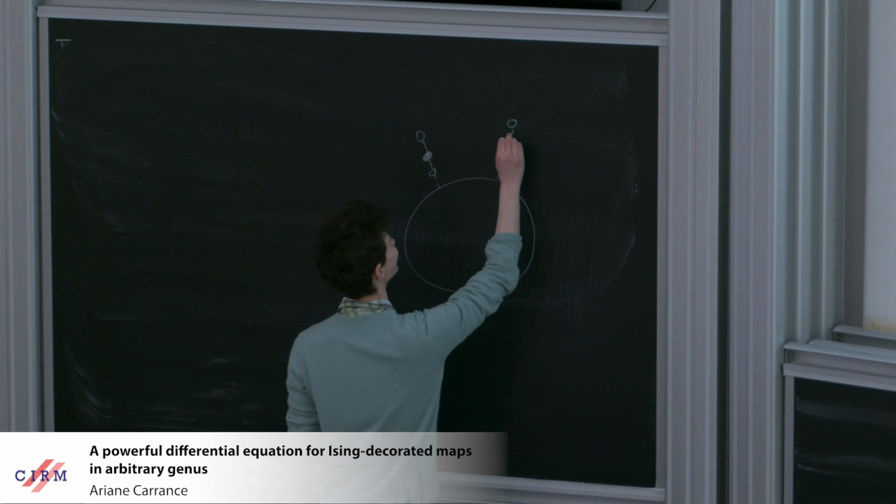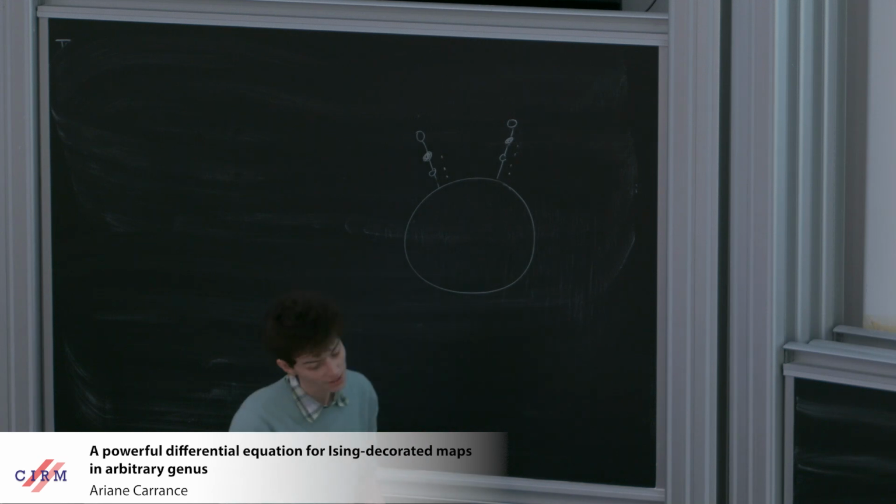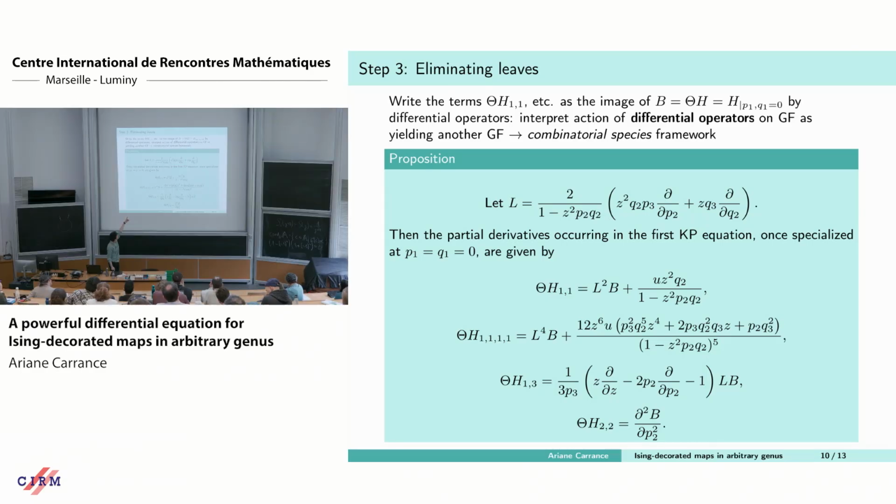So we don't know necessarily the length of these chains. And you see that in this operator L, you precisely have something that seems to count chains of vertices of degree 2, which is the first term.